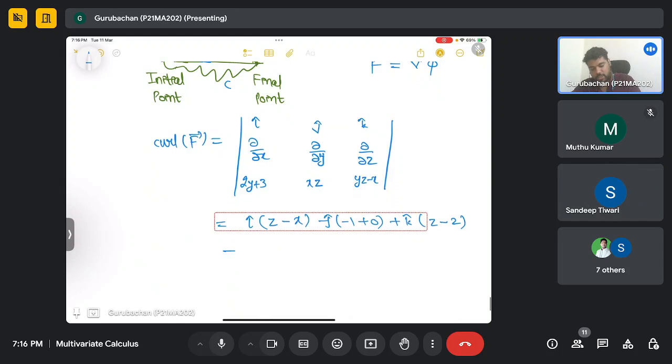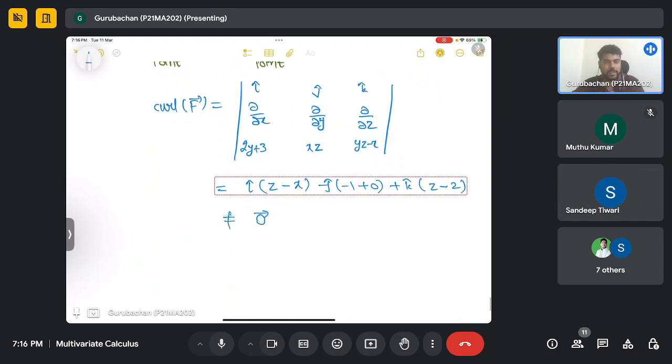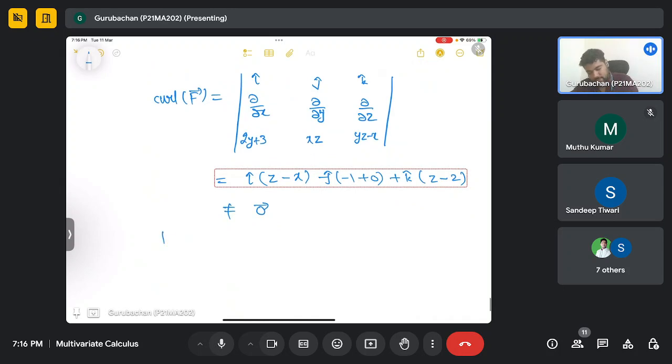So this will not be a zero vector. From here you can say that F is not conservative.